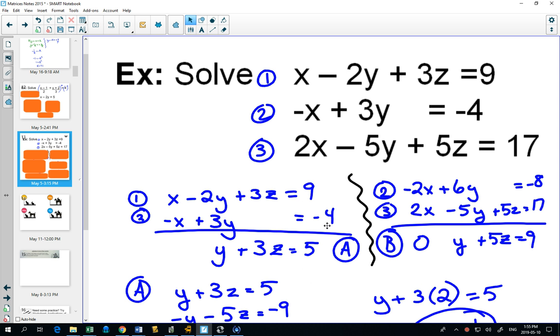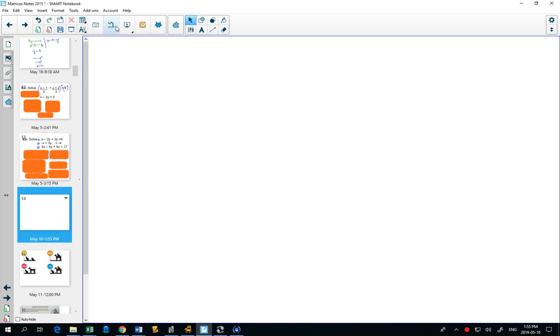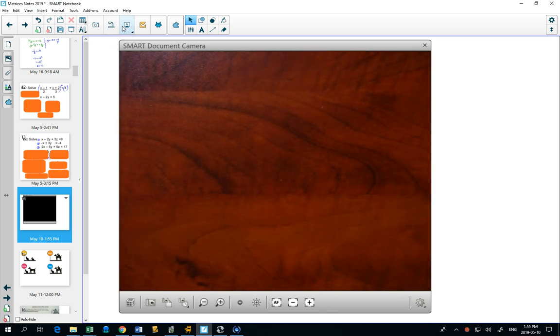This method that I have up here is a fairly common method for doing it, but I don't think it's the most elegant or easiest solution for this example. So here we go. I'm going to pull up a couple of examples. Let's start with yours. This first one has some substitution and some elimination.